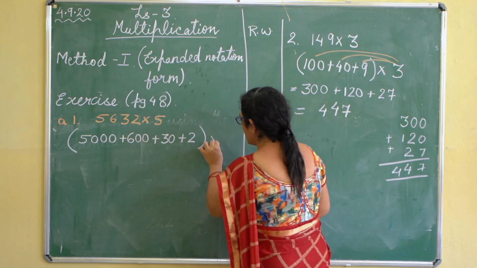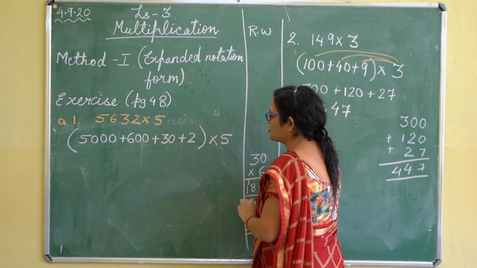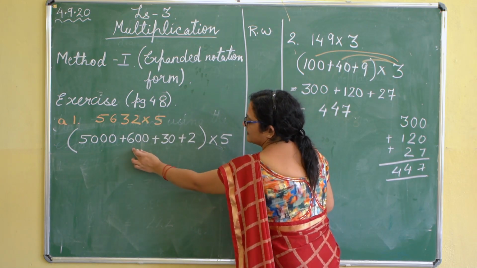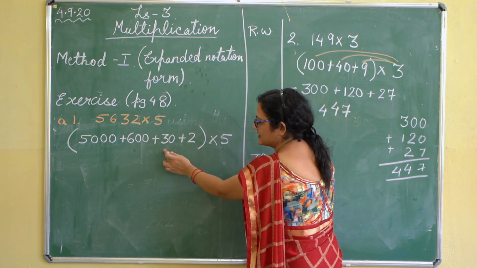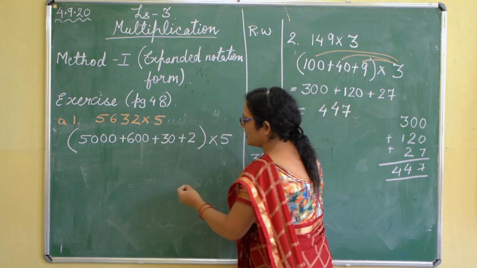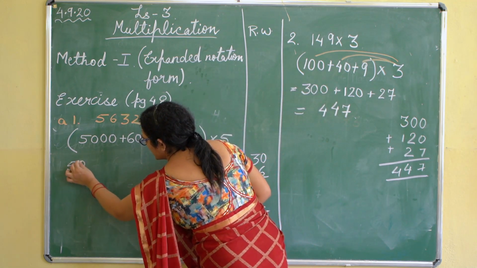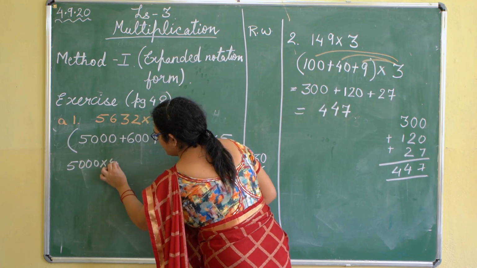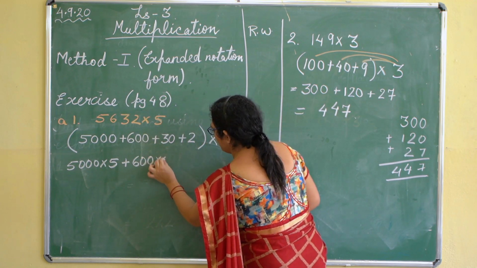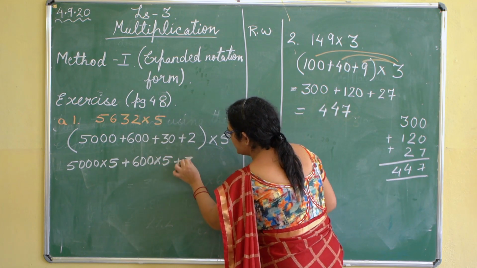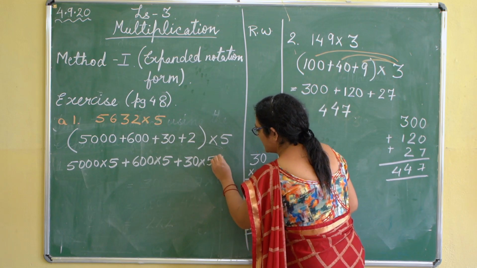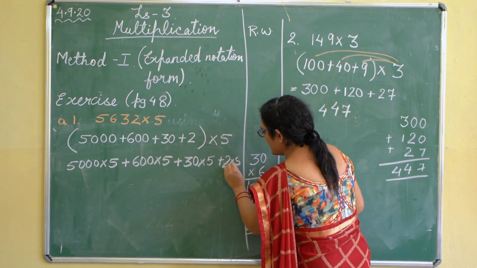Now you will multiply 5 with 5,000, 5 with 600, 5 with 30, and the same way 5 multiplied by 2. How will you do it? 5,000 multiplied by 5 plus 600 multiplied by 5 plus 30 multiplied by 5 plus 2 multiplied by 5.